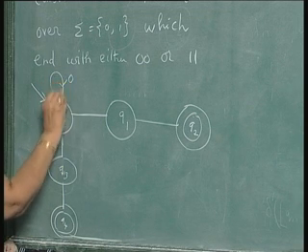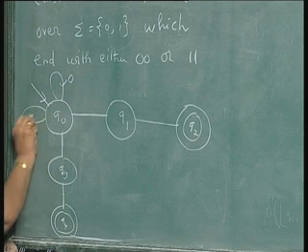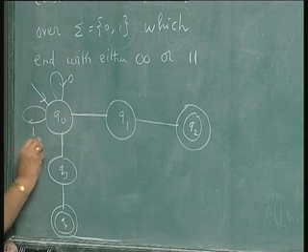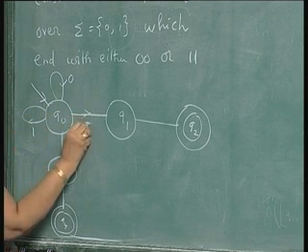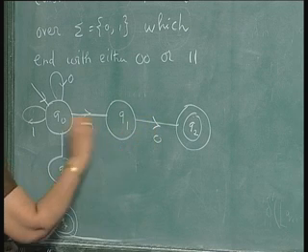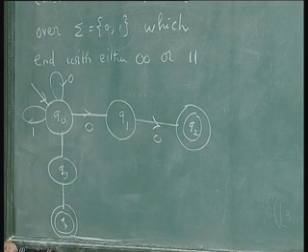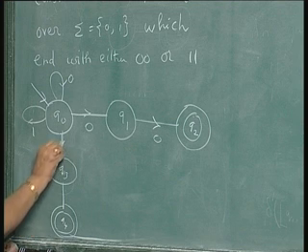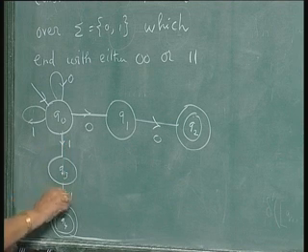First you can read any string of zeros and ones, and once you get two zeros, that string will be accepted. It should end with a 0 0 or with a 1 1.